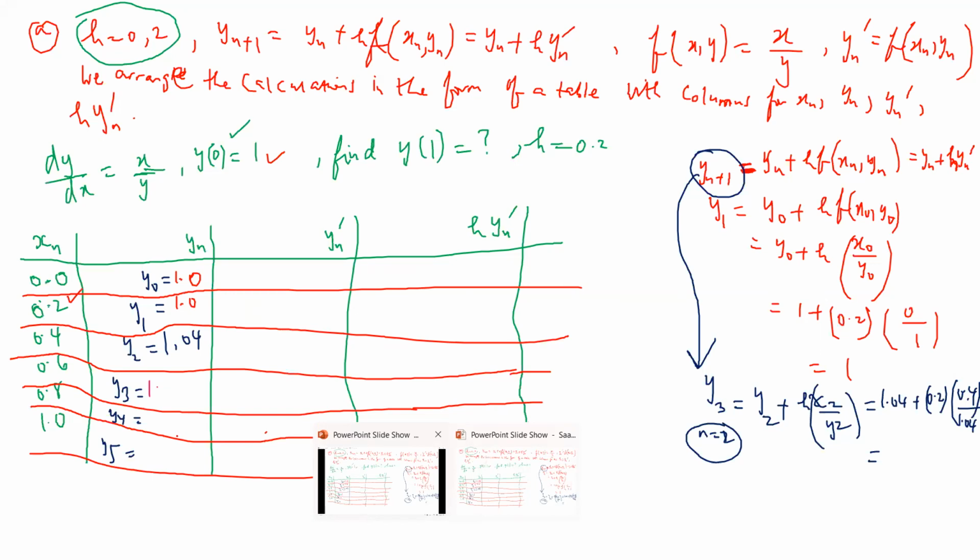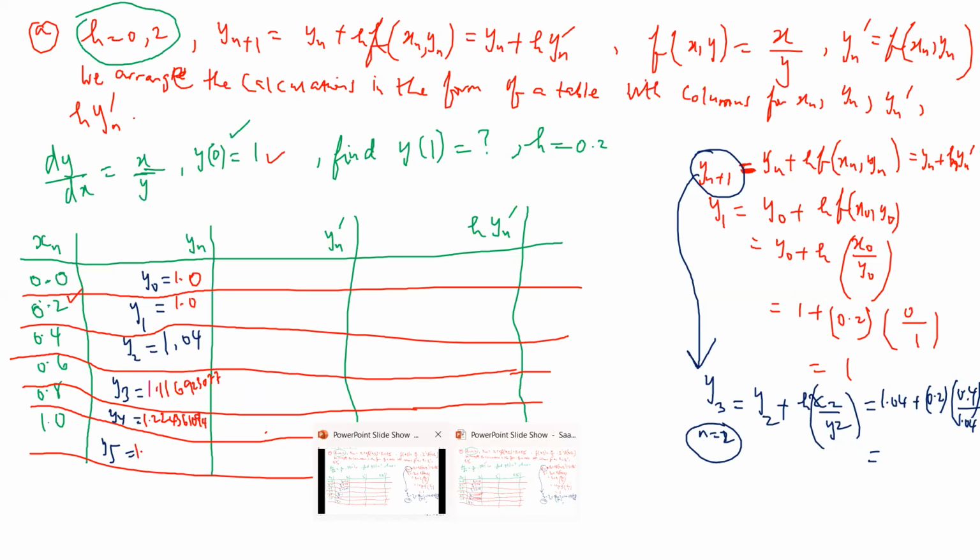It now is 1.11692307 and so on. If we continue, we'll get y4: 1.2243610 and so on.